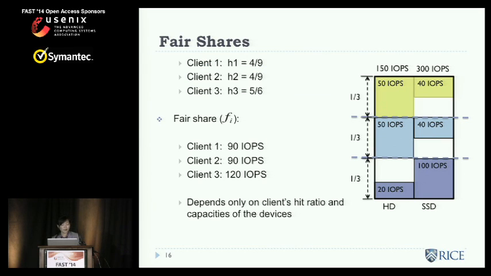This figure shows that if each of them gets 1/3 of each resource, the fair share of client 1 is 90 IOPS, which means 50 from HD and 40 from SSD. And the same for client 2. And client 3 gets 120, which is 20 from HD and 100 from SSD.